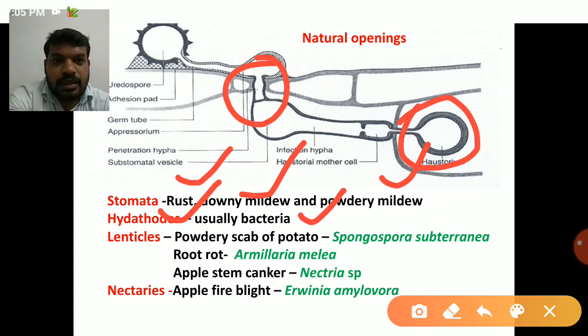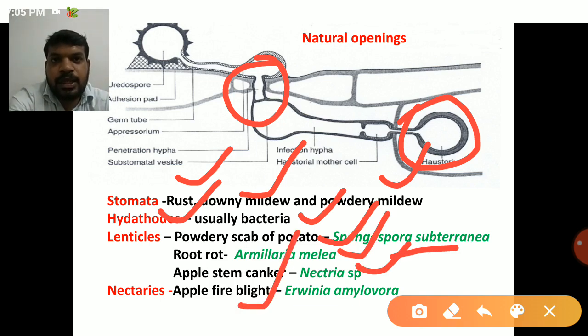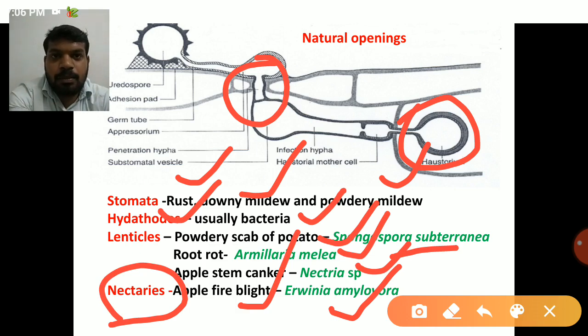Then lenticels: powdery scab of potato, that is Spongospora subterranea, root rot of apple, Armillaria mellea, and apple stem canker, Nectria species, mainly enter through lenticels. And fire blight of apple, the first reported plant bacterial disease, caused by Erwinia amylovora, enters through nectaries of flowers and plants.